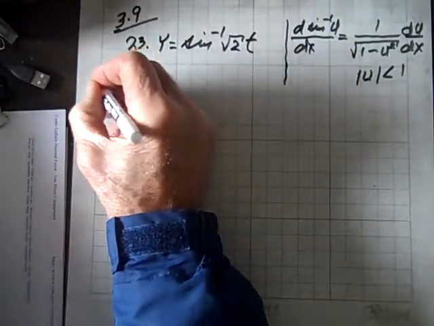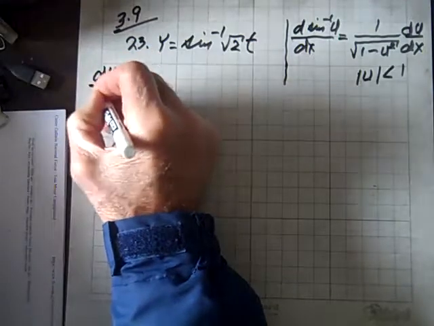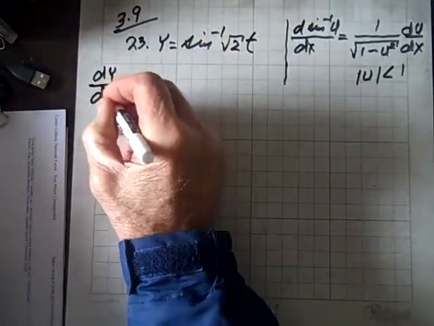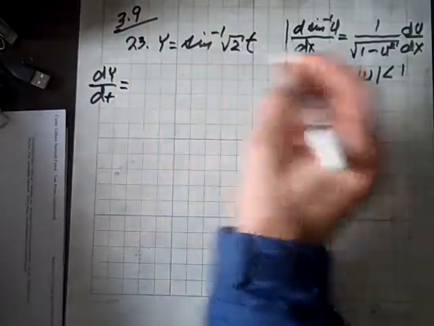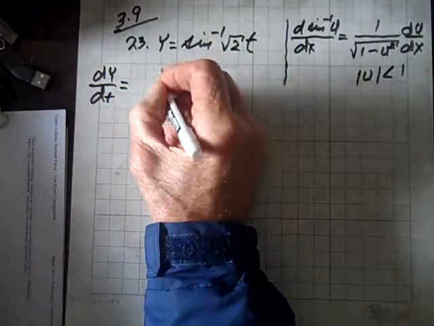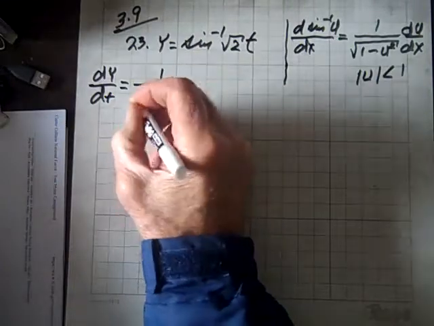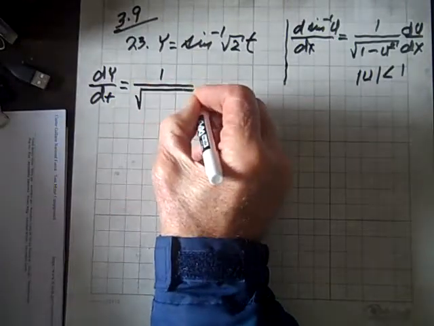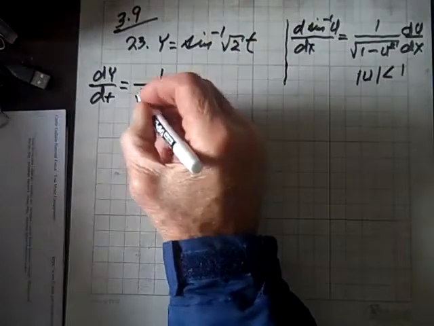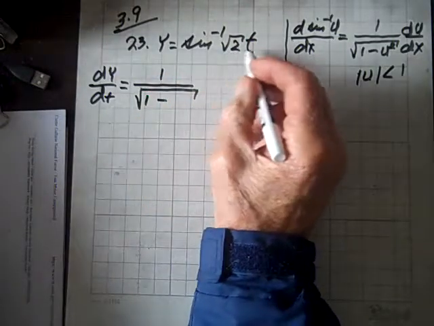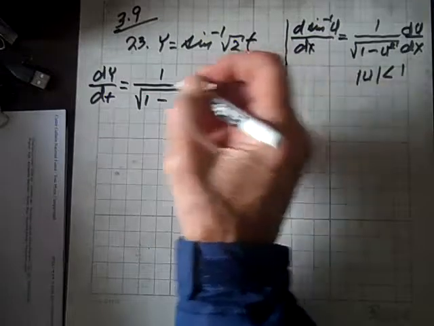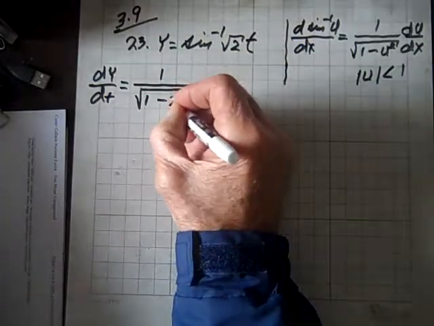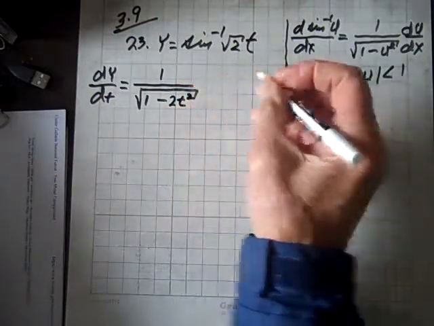So dy dt equals, and according to this we have a 1 over the square root of 1 minus u squared, well in the u position is the square root of 2 times t. If we square that, we get 2t squared.